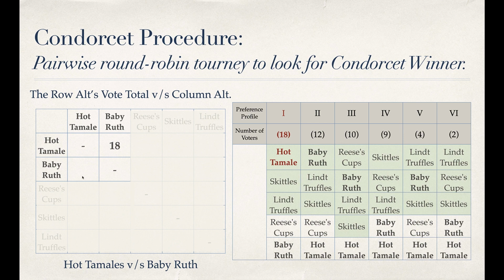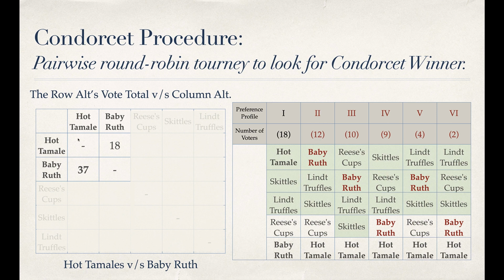And then what am I going to put here? Baby Ruth's total against hot tamales, and that's 12 plus 10 plus 9 plus 4 plus 2. That's 37. You may remember this from when we did one of the plurality rules where we had only hot tamales versus Baby Ruth. It had this same vote total.